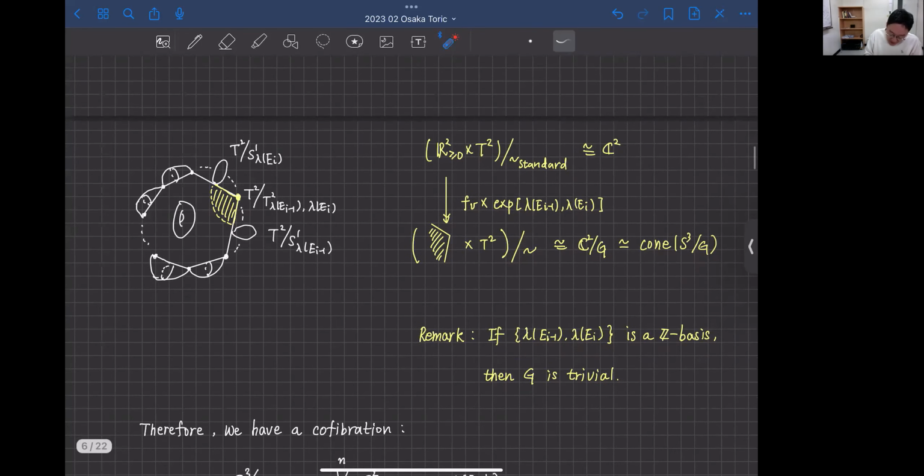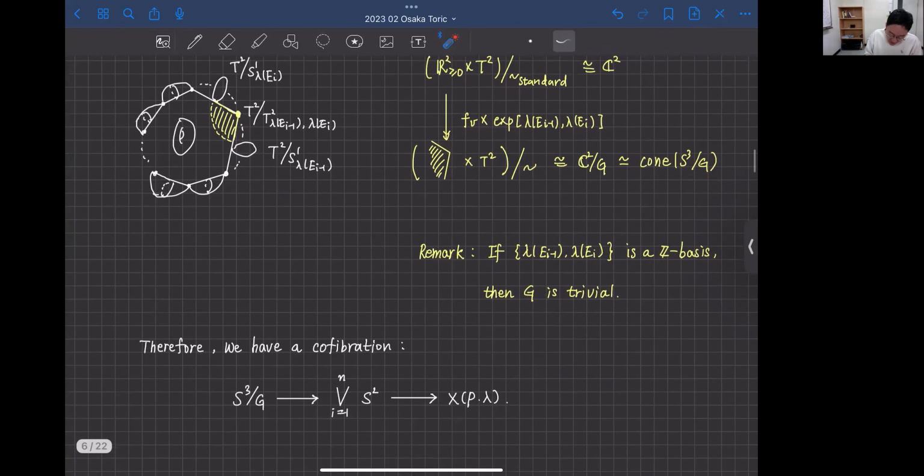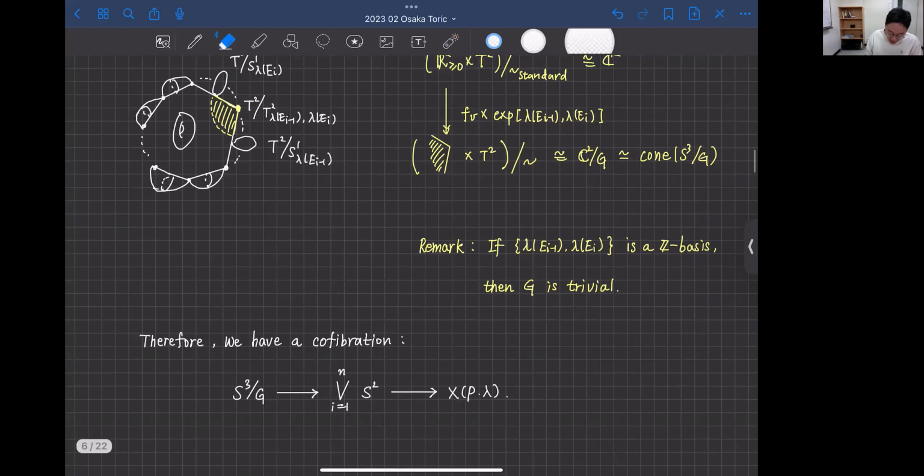So this picture gives us a cofibration sequence, because there is an attaching map from S^3 modulo finite group. Remember that at each point in this edge there is a circle, and then this is a point. So at each edge, we have just a sphere.